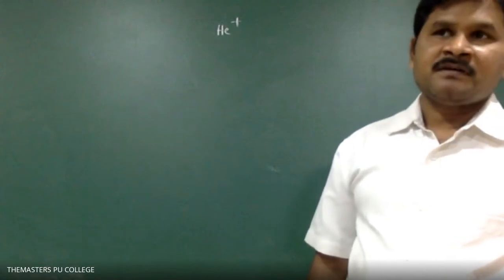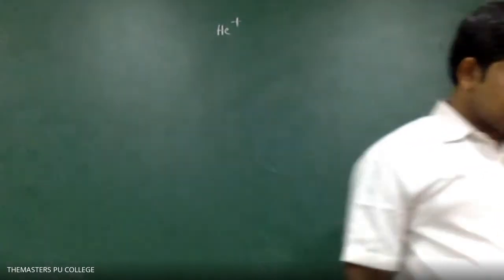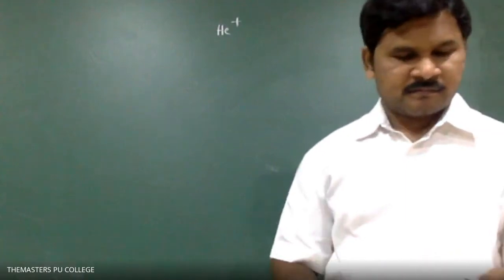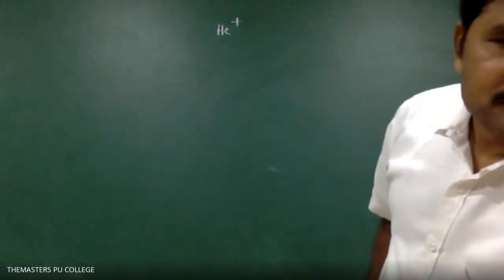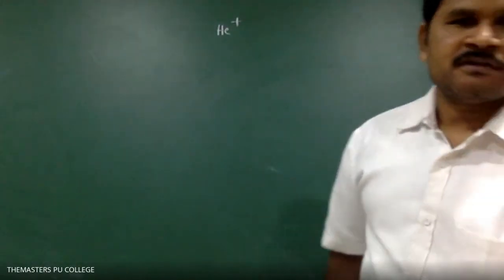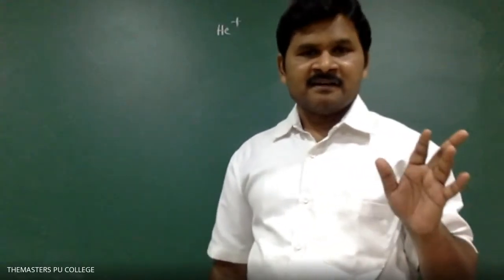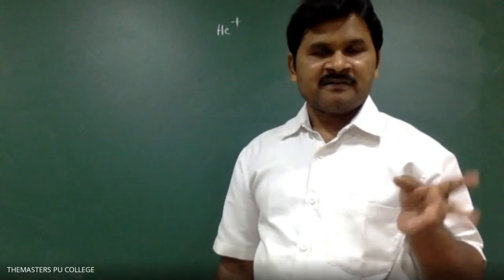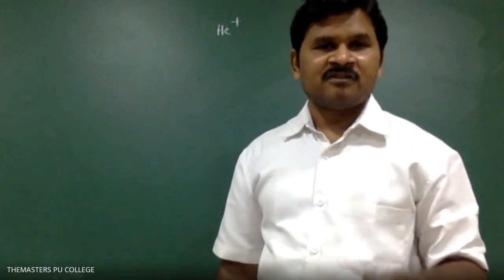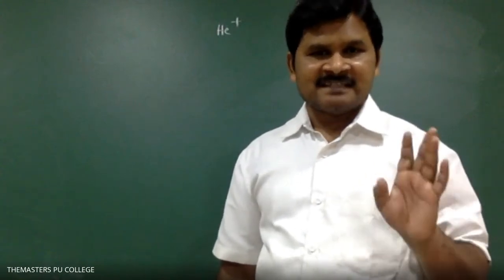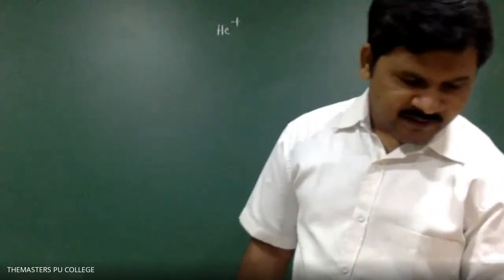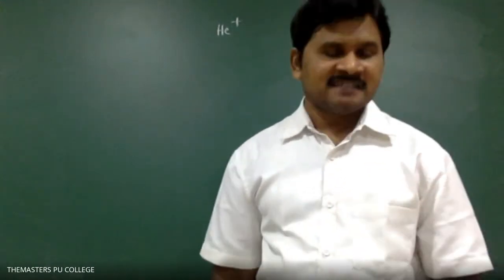What is the radius of this orbit? Two things we have to calculate. So, the question gives the first orbit of He plus, and for that we have to calculate the energy as well as the radius. I will explain this problem, no need to worry. Simply, I want to calculate the energy in joules.